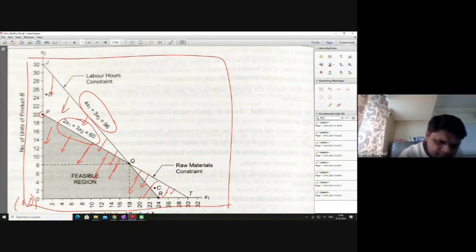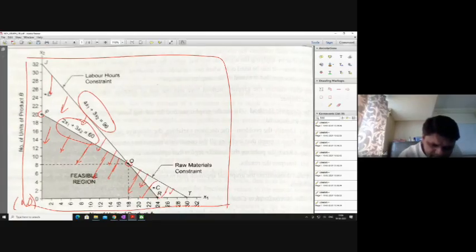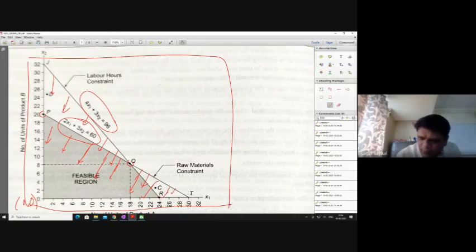This one is Q. Again, going towards the right, you can see that this is the point R. So P, Q, R, and this is the point O. So the region bounded by OPQR is a feasible region.